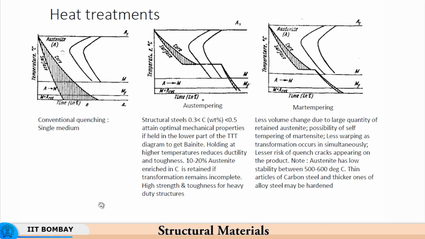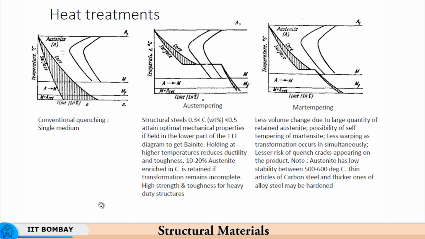Okay. And then one point to be noted is that austenite has low stability between 500 to 600 degrees centigrade, and therefore, one can easily harden thin articles of carbon steel and thicker ones of alloy steel, because thin articles of carbon steel would get through hardened and also tempered.